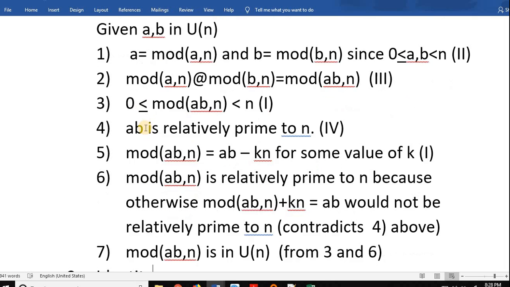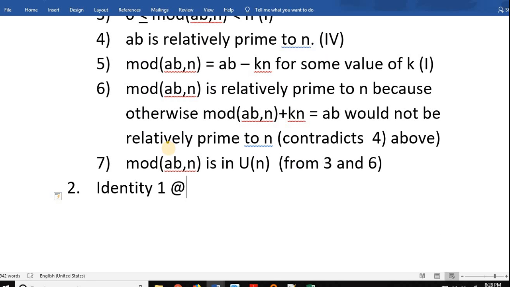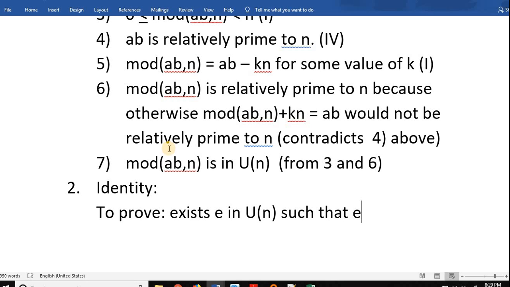In fact, I can do something very similar here. Let me just do this the same way to prove that there exists an E in U of n, just to do it in the most general way, such that E at A equals A at E equals A for all A in U of n.